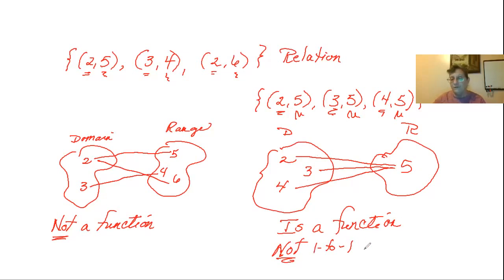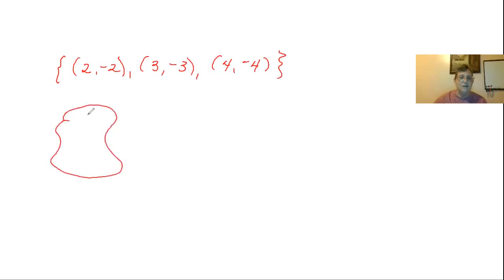And to be a one-to-one function, all the domain elements can map to only one range element, and every range element can only correspond to one of the domain elements. So in order to be one-to-one, we have to have a situation where perhaps 2 maps to -2, and 3 maps to -3, and 4 maps to -4. So that now for our domain, we've got 2, 3, and 4.